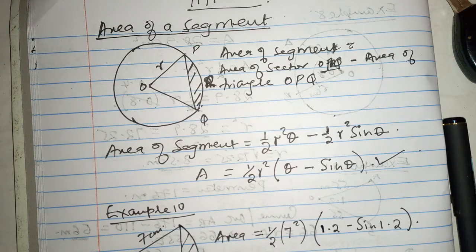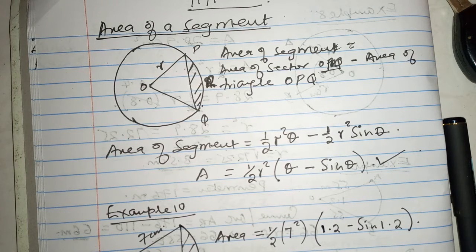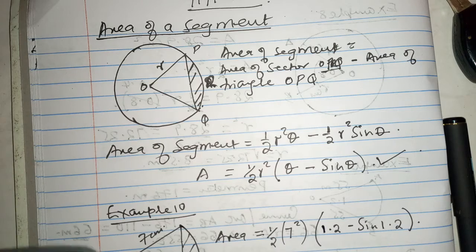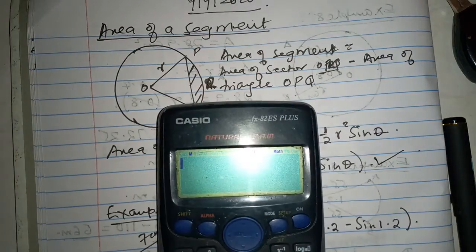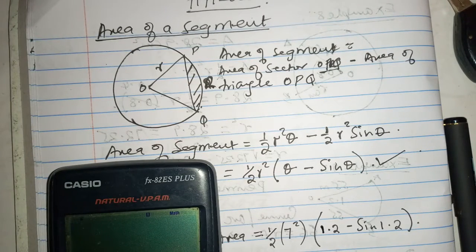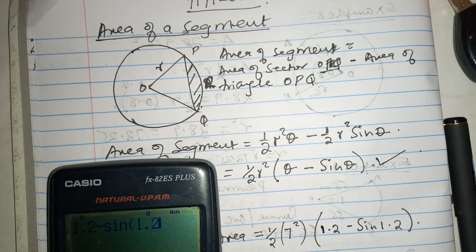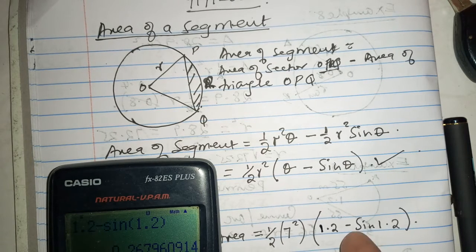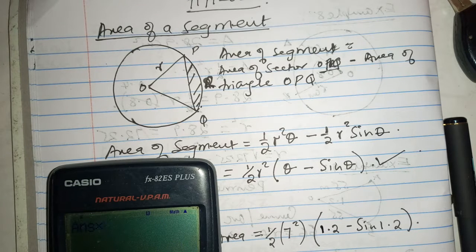This is now the work of the calculator, because we need to put our calculator in radian mode. Let's have 1.2 minus the sine of 1.2. Let's just see what that gives us. And then you multiply this by 7 squared, which is 49, which gives you that.